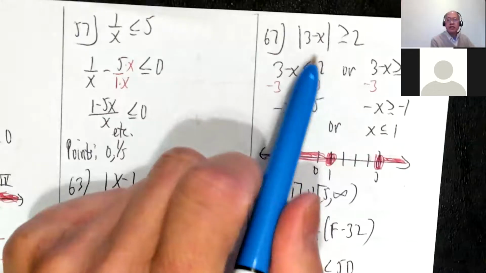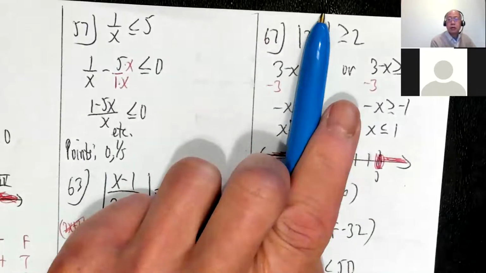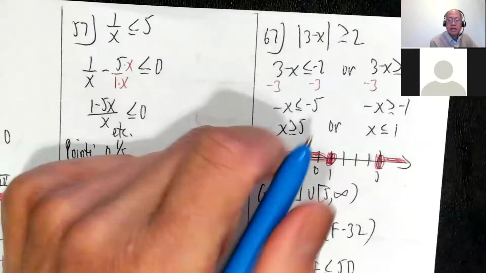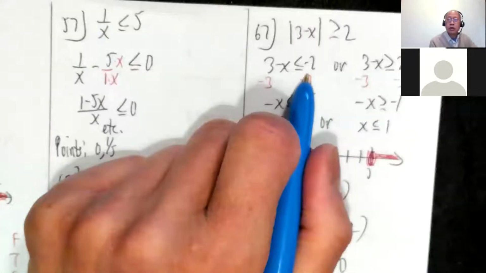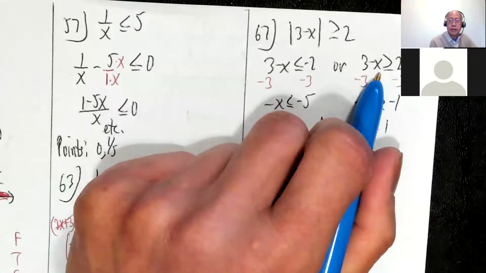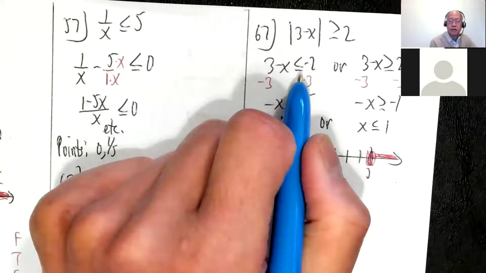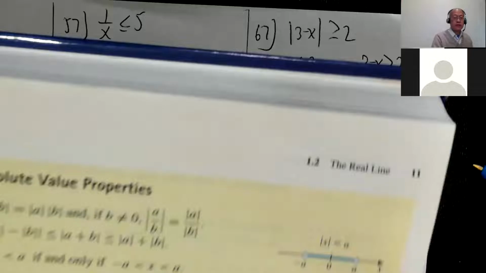Absolute value of 3 minus x is greater than or equal to 2. So 3 minus x is less than or equal to negative 2, or 3 minus x is greater than or equal to 2. Okay, you're going out to negative infinity or positive infinity. So that is the application of this thing.